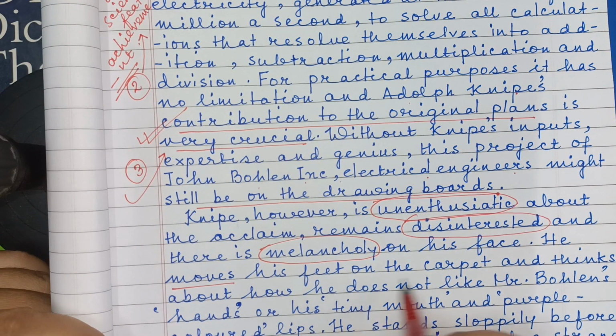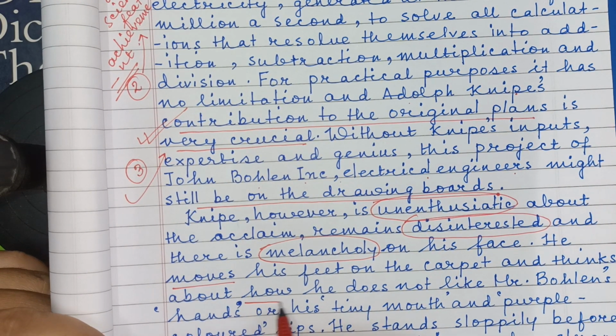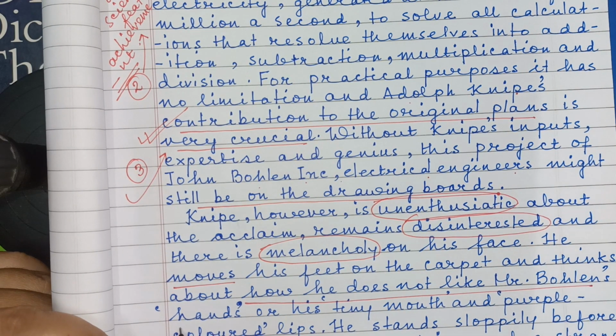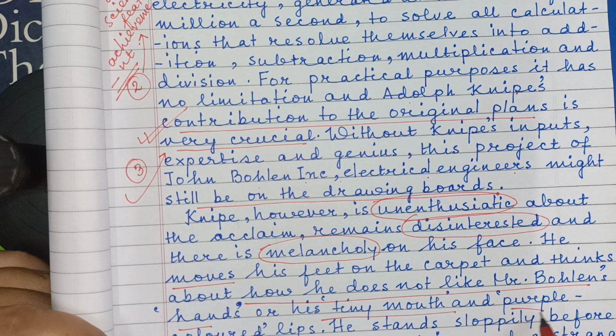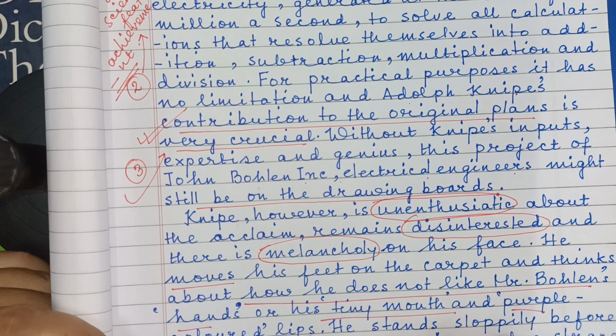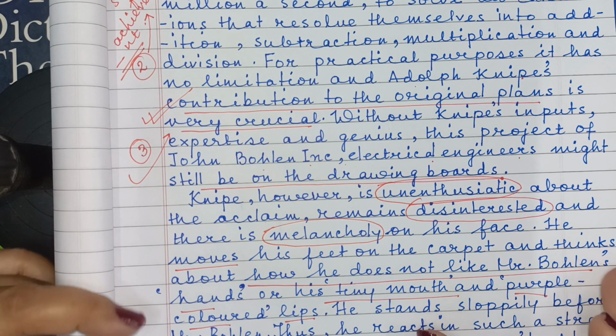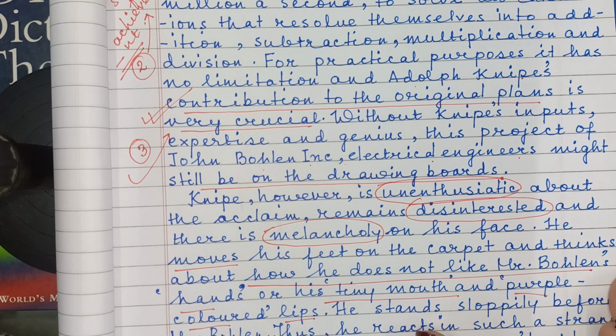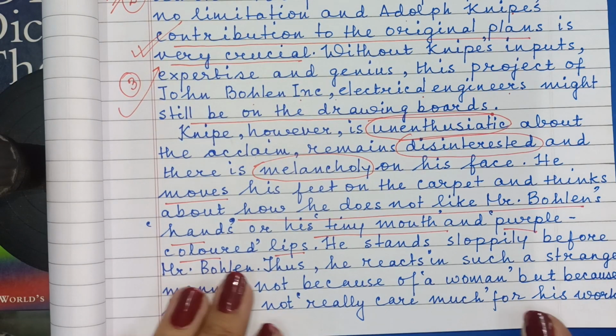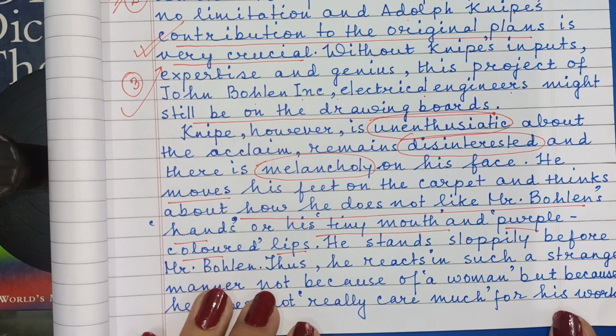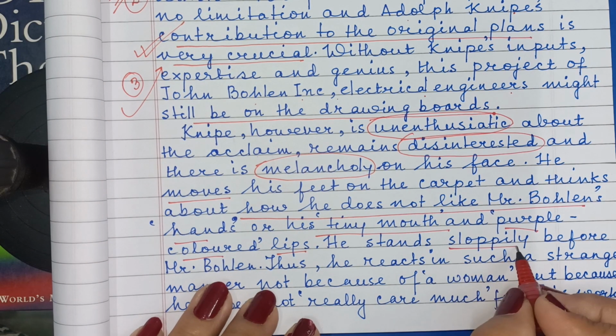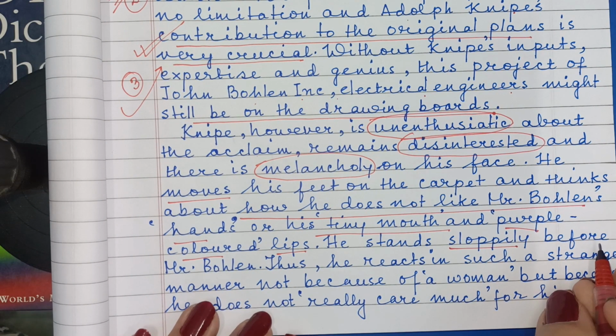Fourth, on the carpet and thinks about how he does not like Mr. Boleyn's hands or his tiny mouth and purple colored lips. So he is disinterested. His attention is diverted. He is distracted. He is not listening to the appreciation properly. He stands sloppily, not enthusiastic, not happy at all.